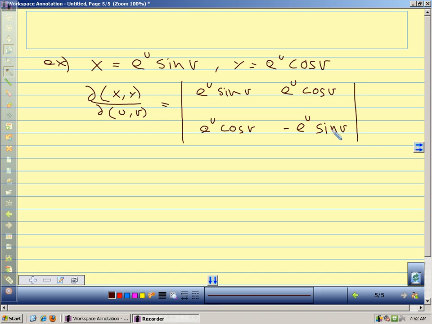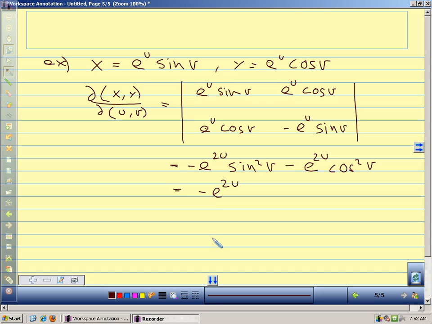And when we take this determinant, we get that this is minus e to the 2u sine squared v minus e to the 2u cosine squared v, and that equals minus e to the 2u.